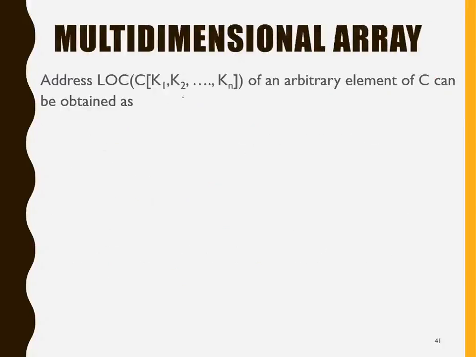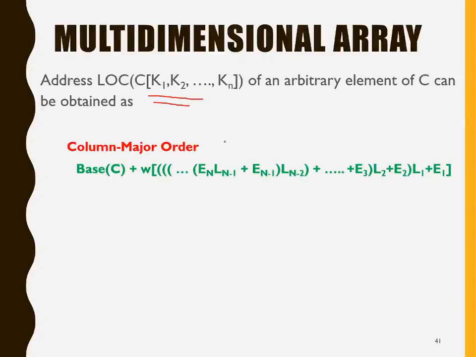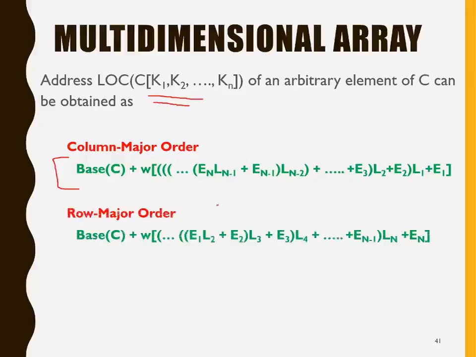Now similar is the case with the address calculation of a multi-dimensional array. Suppose C is the array, k1 to kn are the subscript positions, and by column major order this is the formula which you have to remember, and by row major order this is the formula, as multi-dimensional arrays are also represented in rows and column combinations.